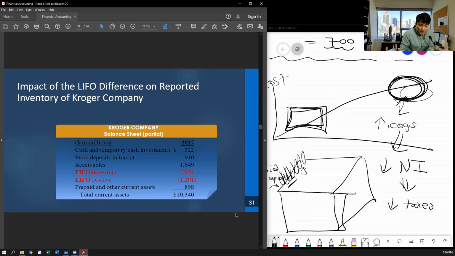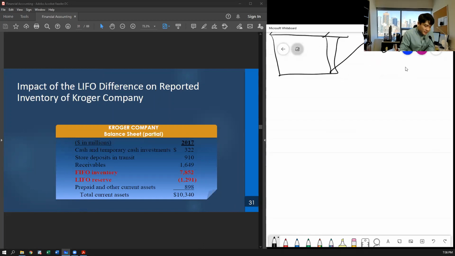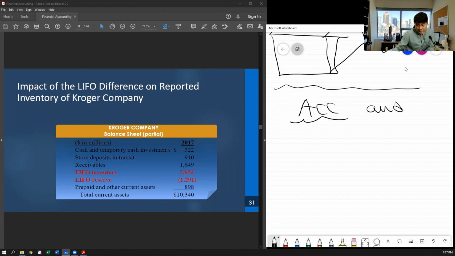And the last thing that I want to cover before we take a break is that we know that there's LIFO, there's FIFO, there's weighted average. But the whole purpose of learning accounting or auditing is that investors want to compare between companies.